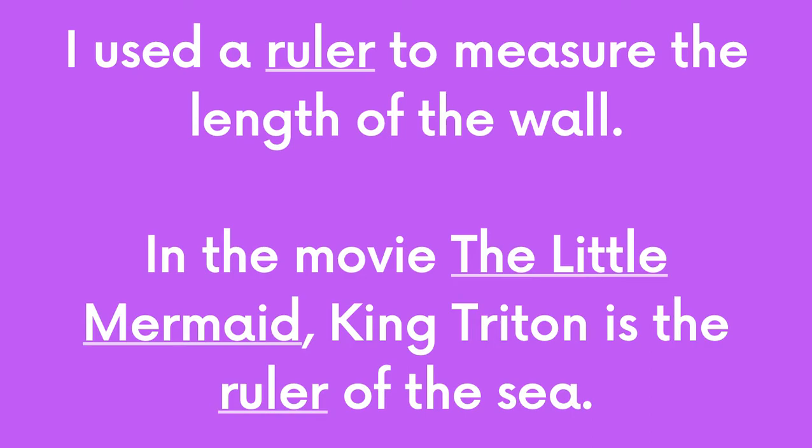So you'll see you can have multiple meanings of the same word and they still have the same part of speech. In that first example, we have a noun, that measurement tool, and in the second sentence, we also have a noun, but we're talking specifically about someone who is in charge of a territory, a land, or a group of people.